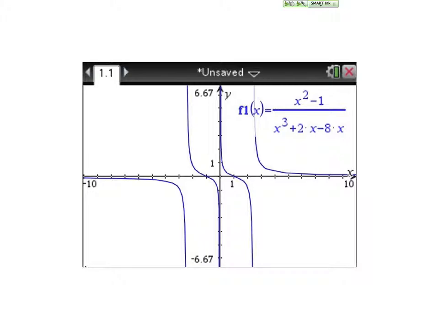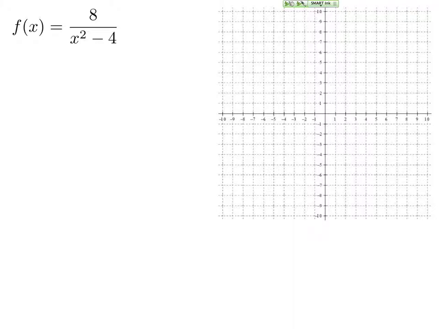Okay, now we're going to put it all together to help us sketch. We're going to do 2 sketches. All right, so here's my first one. I have 8 over x squared minus 4.